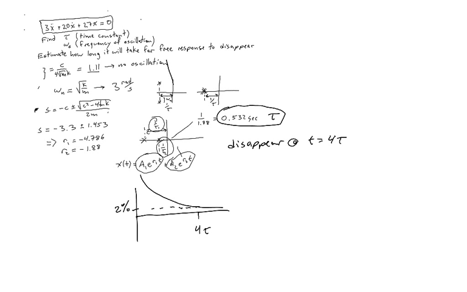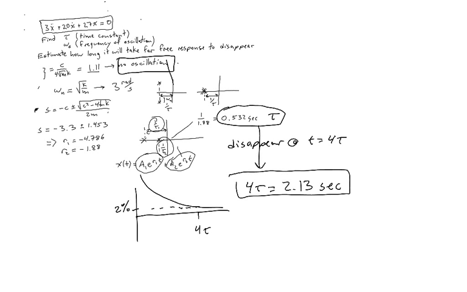So anyway, if you multiply tau by 4, you're going to get 2.13 seconds. So that's your answer for the time of disappearance. And I think that's it, right? So that's tau, when it disappears, and for the frequency of oscillation, there's no oscillation, so that's going to be your answer for the third part.